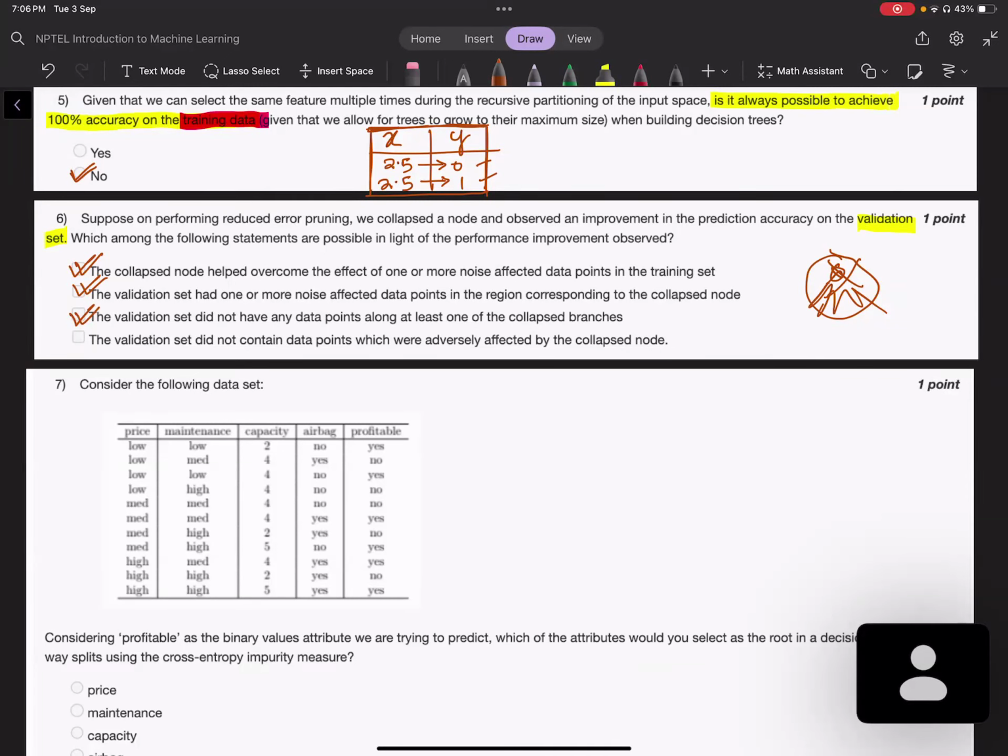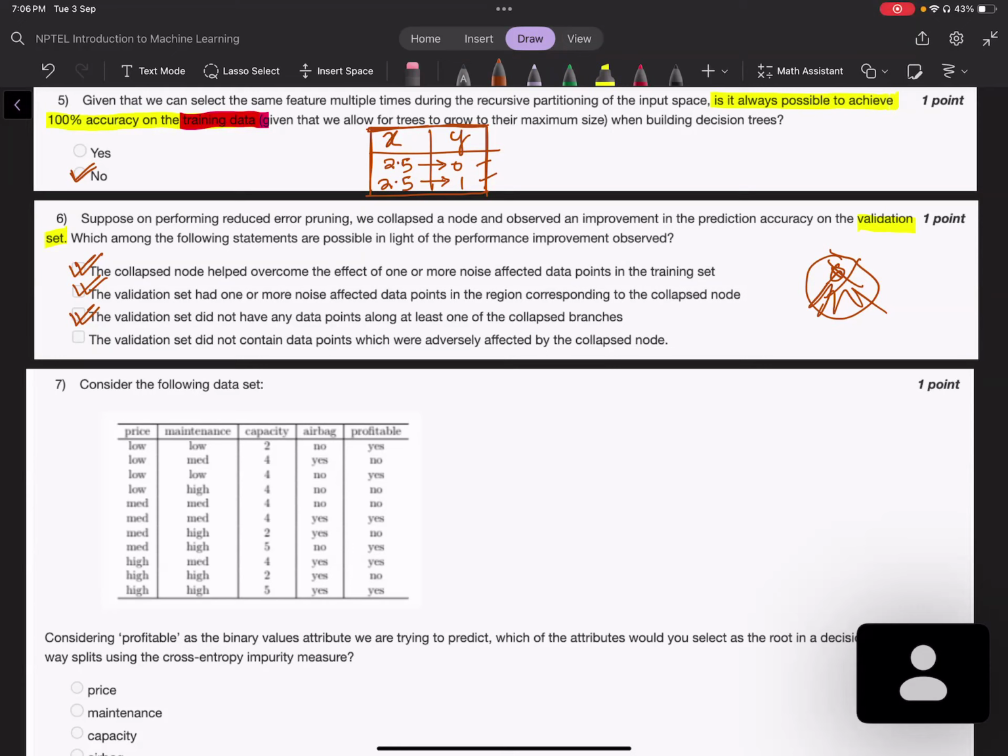Okay, so that also makes option C correct. Option D is that the validation set did not contain data points which were adversely affected by the collapsed node. So this will be incorrect, as even if the increased error due to the collapsed node is registered in the validation set, it may be masked by the absence of errors in other parts of the validation set, which was present in the training set.